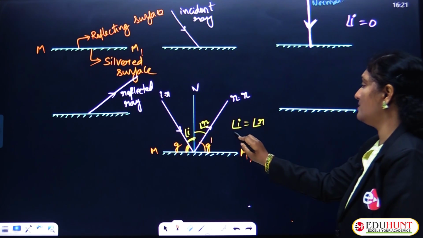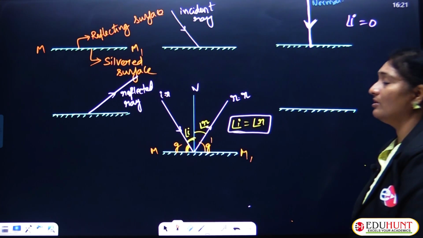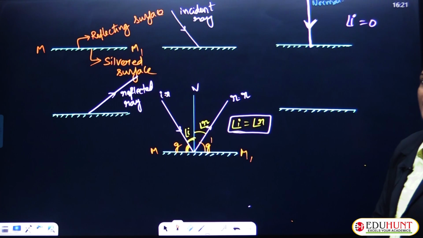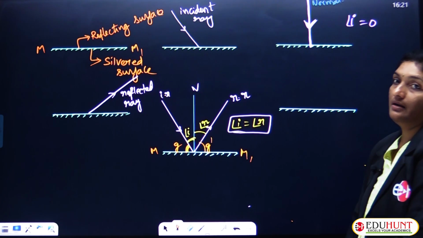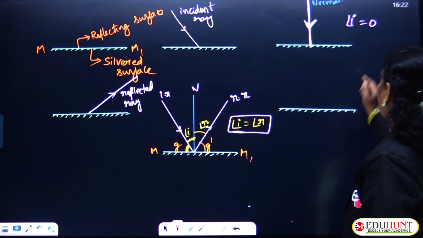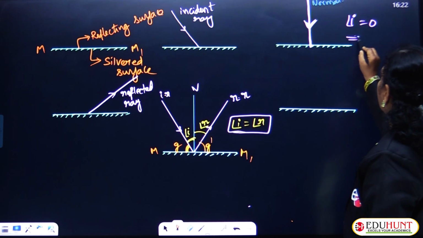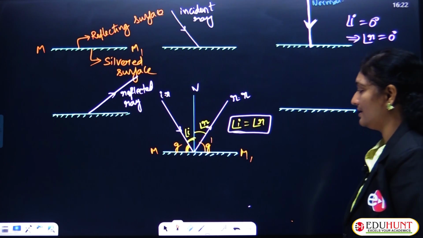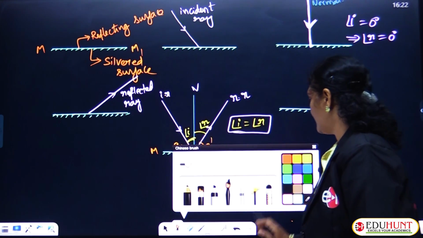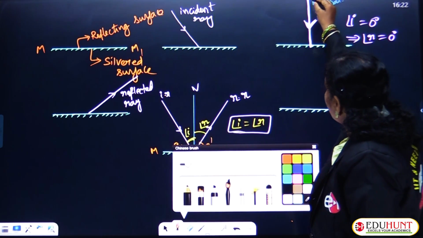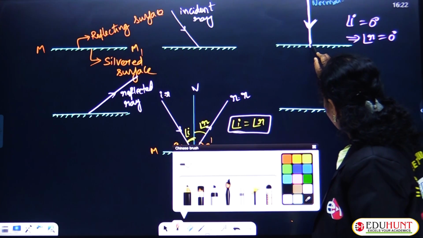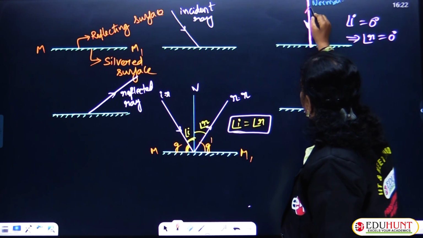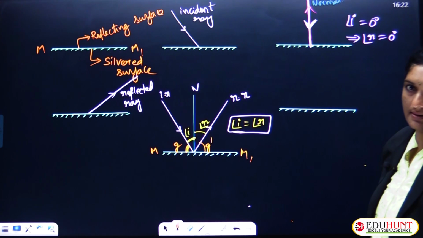But we just observed that the angle of incidence is always equal to the angle of reflection according to the laws of reflection. Hence, this implies that angle R must also be equal to 0 degrees. That means if the incident ray is going like this, the reflected light ray also takes the same path.